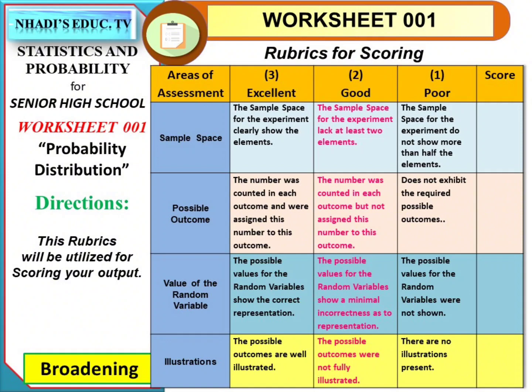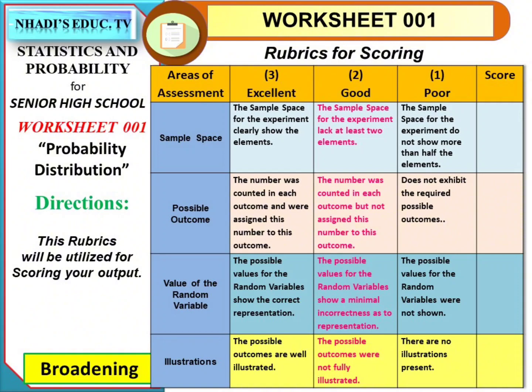Therefore, the sample space for the experiment clearly shows the elements. On the other hand, if the sample space for the experiment lacks at least 2 elements, then you will have 2 points. And if the sample space for the experiment does not show more than half the elements, you will have 1 point.